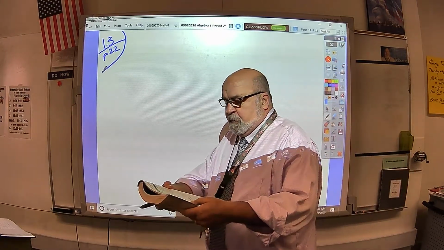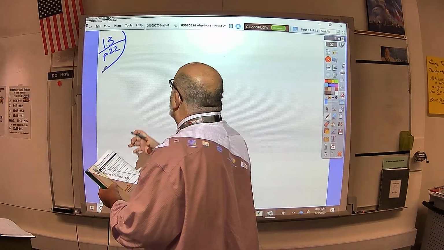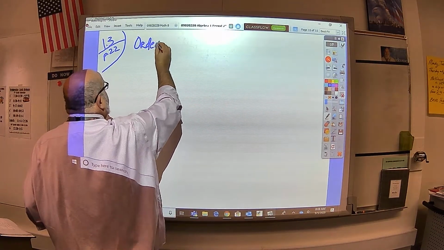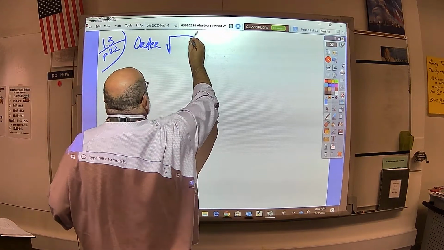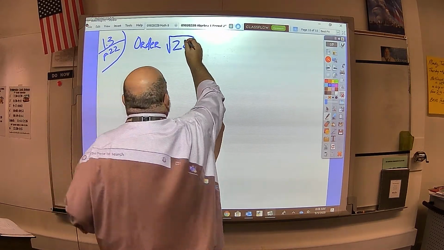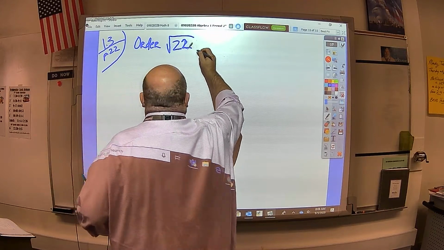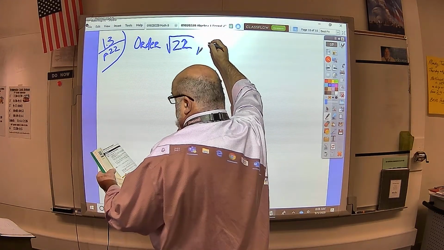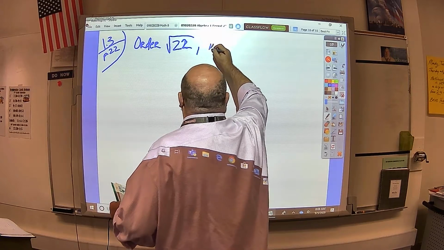Example 2 says to order, and this is what you're going to see on many, many tests in your future, the square root of 22. If I could use a calculator, but I'm telling you, it's not that difficult.